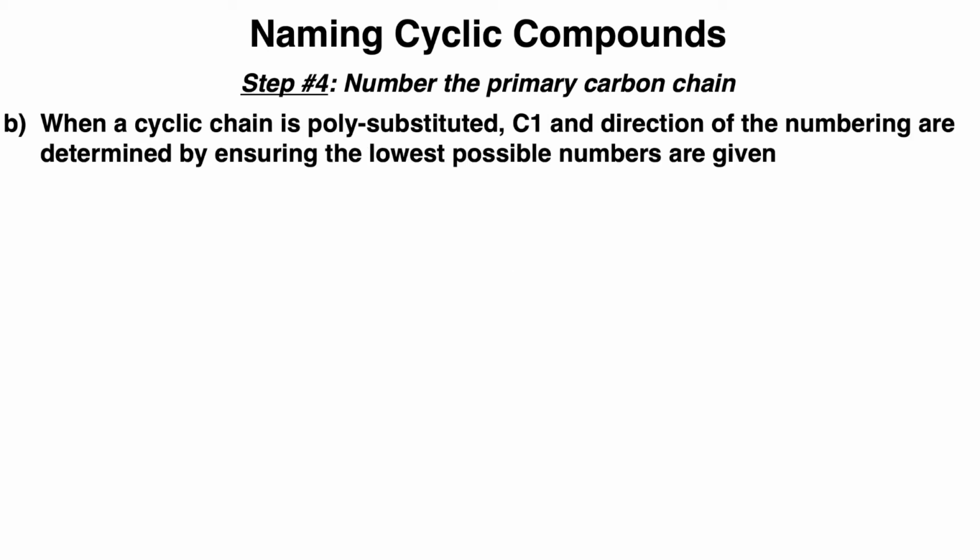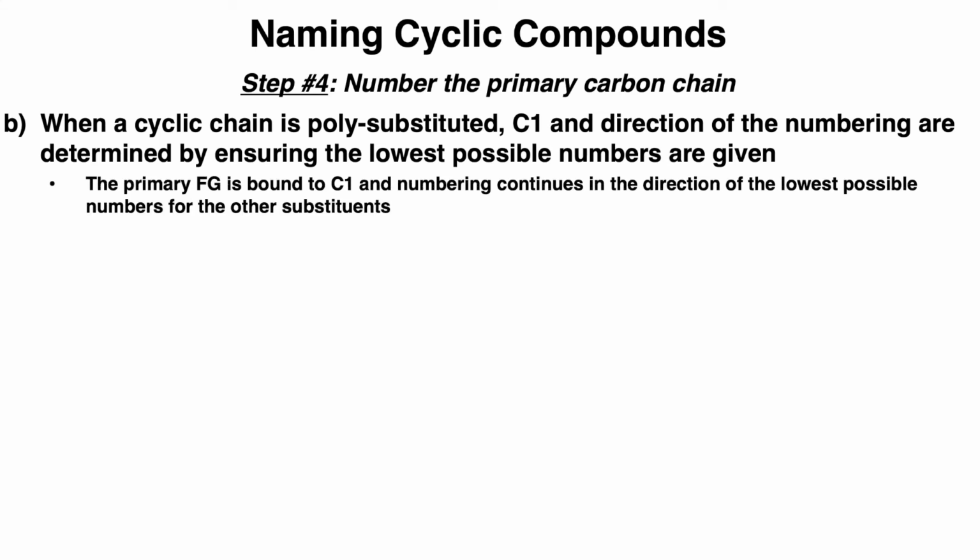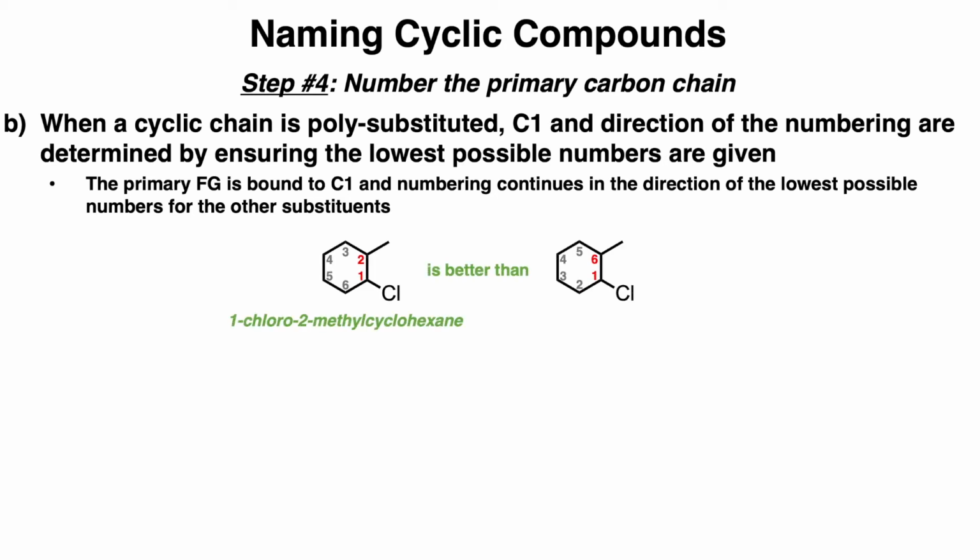However, when a cyclic chain is polysubstituted, the direction of numbering is determined by ensuring the lowest possible numbers are given for substituents. The primary functional group is bound to C1, and numbering will continue in the direction of the lowest numbers for all of the other substituents. So in this example, the left molecule is better because the methyl group is on C2 rather than in the right molecule where the methyl group is on C6.